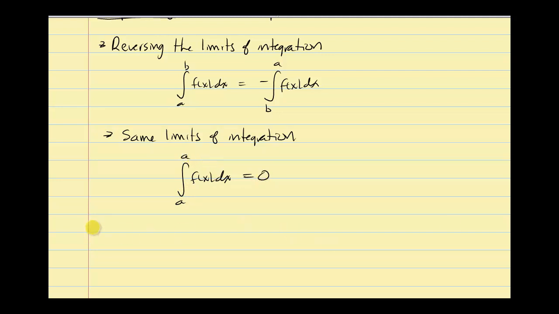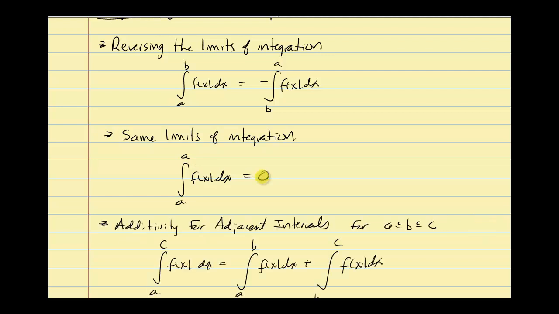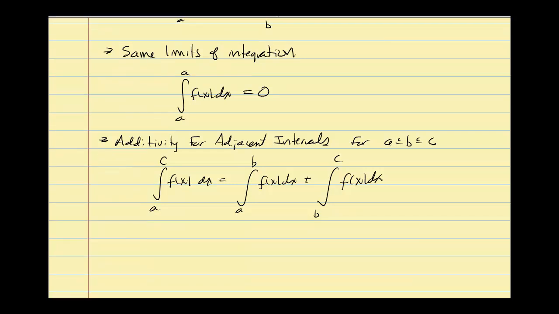We could also look at the additivity for adjacent intervals. What the additivity for adjacent intervals means is if we have an interval where a is the smallest value, b is a middle value, and c is our largest value, if I want to look at this integral from a to c of f of x dx, I can split it up into smaller pieces in order to find the overall solution.